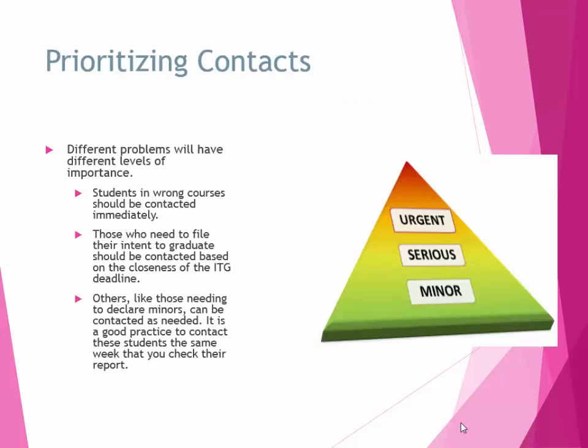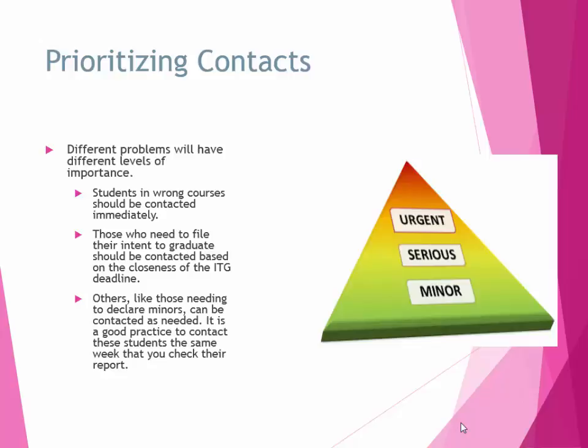And with all these things you have to check, there's a potential that you have a whole list of students at the end of the day who you need to contact, and some of them are more important than others. Right away, the most urgent ones that you'll need to contact are the students who are in the wrong courses. We want to call them immediately. If you come across a student who needs to file their intent to graduate, sometimes that can wait a few days.